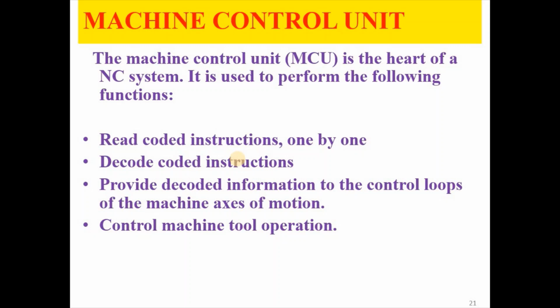Suppose block number 1 is read by the machine control unit; after that it decodes that coded instruction, and the decoded information is transferred to the machine axes through control loops for further operations. It controls machine tool operation.